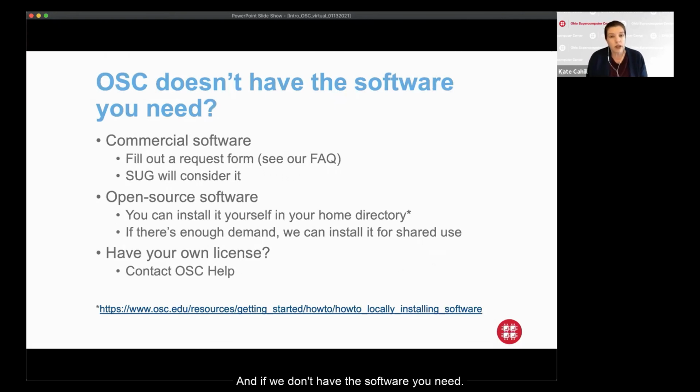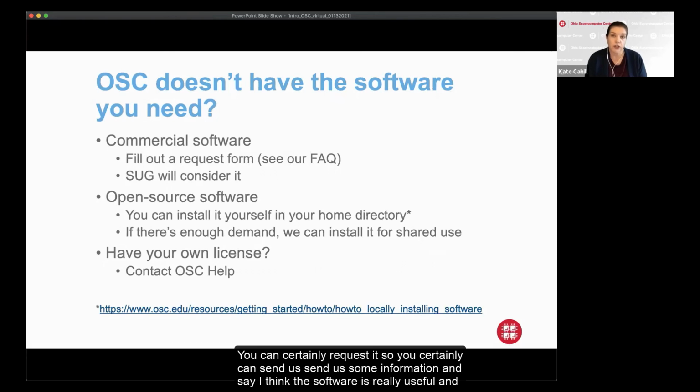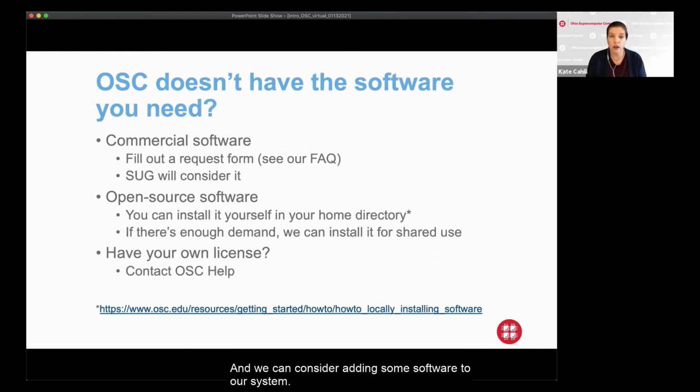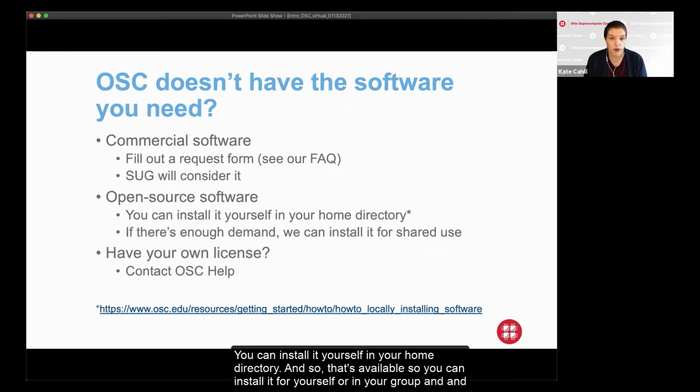If we don't have the software you need, you can certainly request it. You can send us some information and say, I think this software is really useful, and there's a whole bunch of people in my department who would use it if you supported it, and we can consider adding it to our system. If the software you want to use is open source, you can install it yourself in your home directory, for yourself and your group, and just manage it locally.